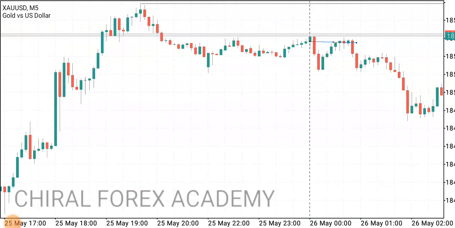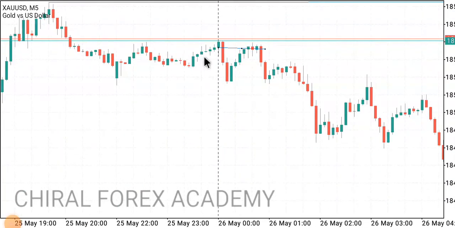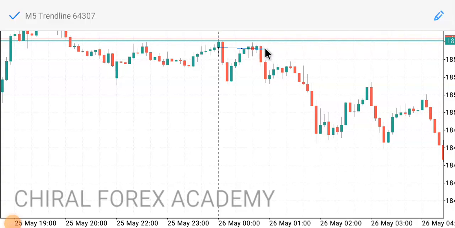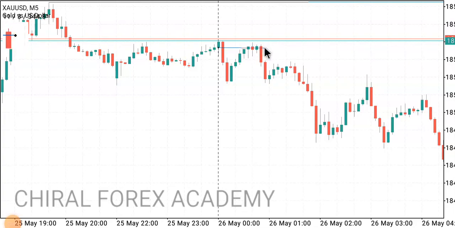Zoom in again. So you can see how price displaced. Price came back into the order block, and then it starts to displace.